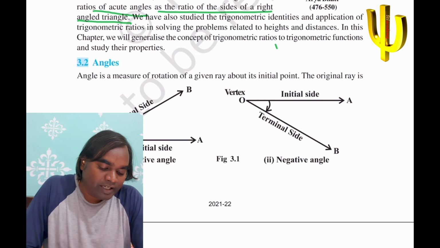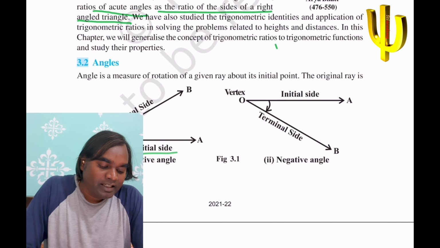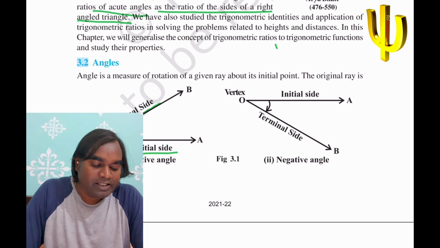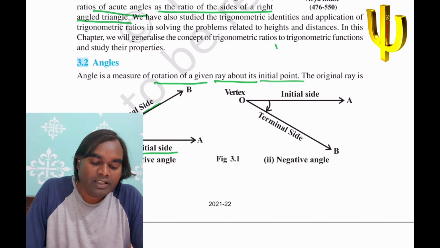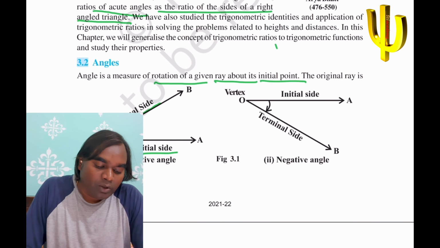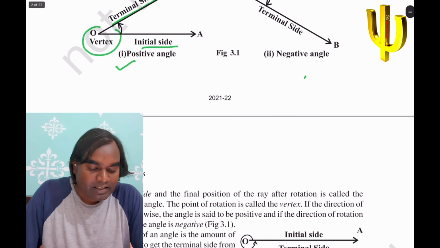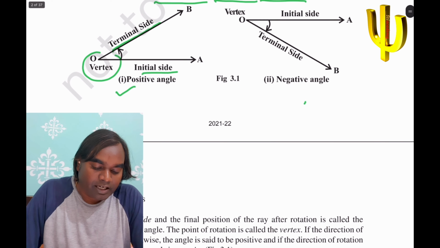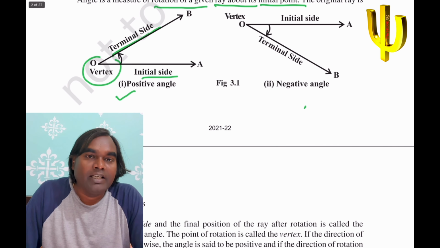As you can see in figure 3.1, there is the initial side, the terminal side, and the vertex. An angle is a measure of rotation of a given ray about its initial point. The original ray is known as the initial side, and the final position of the ray after rotation is called the terminal side.